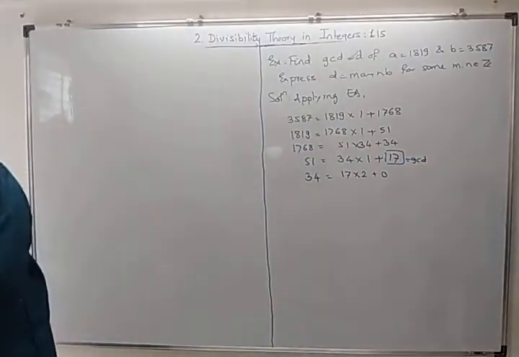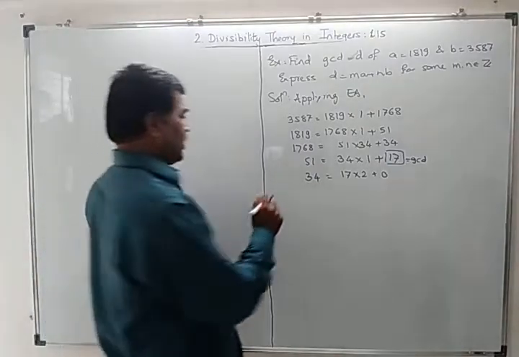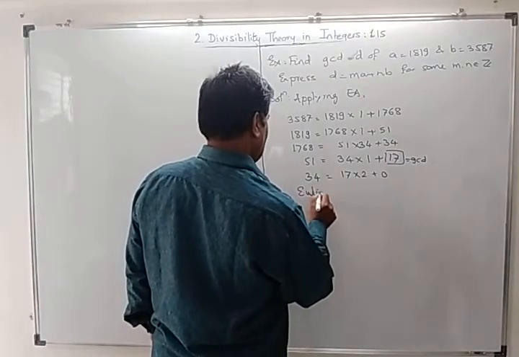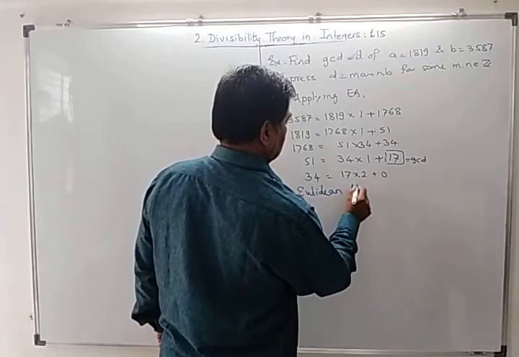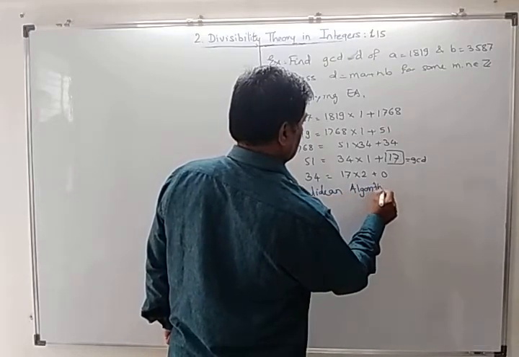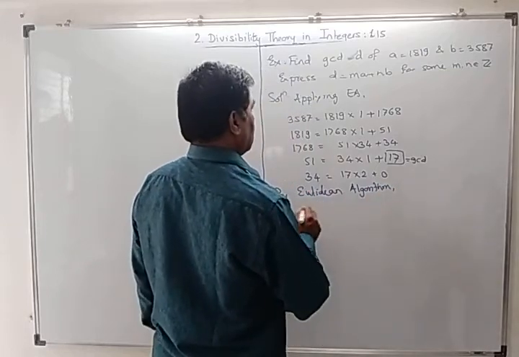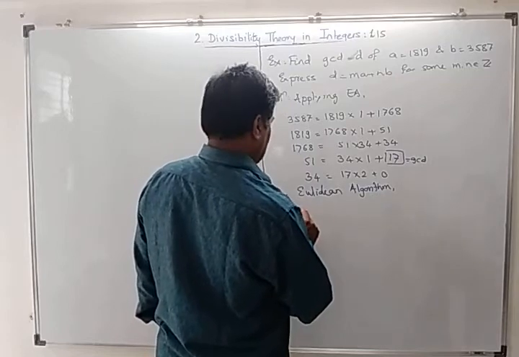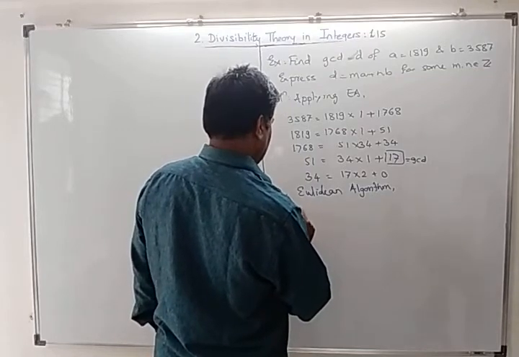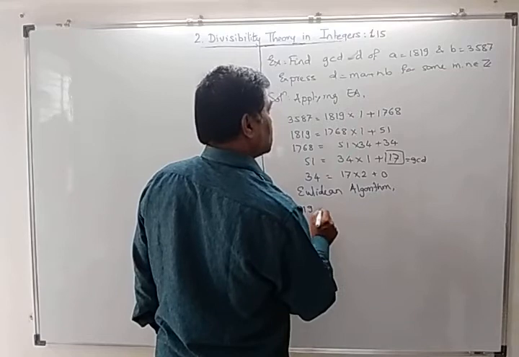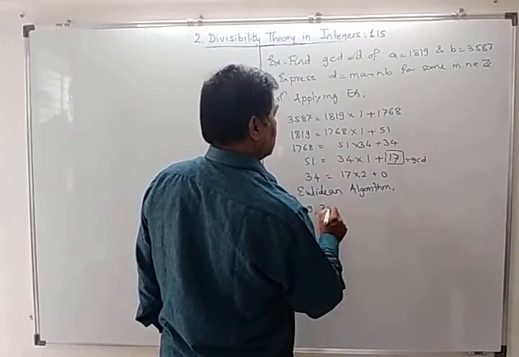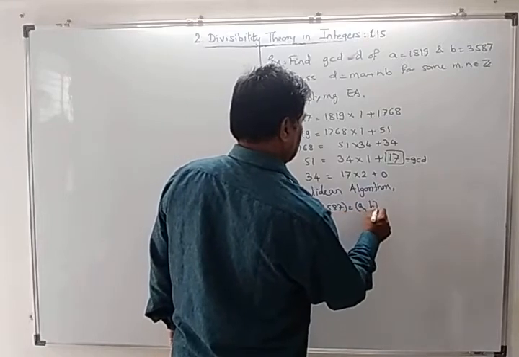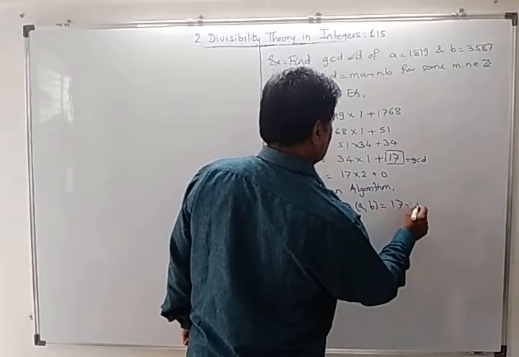Okay. So by the Euclidean algorithm, the GCD of 1819 and 3587, which is nothing but (a, b), is equal to 17, which is equal to d.